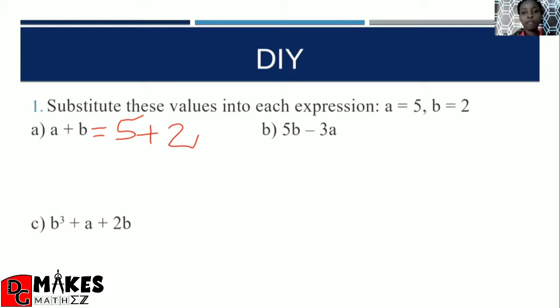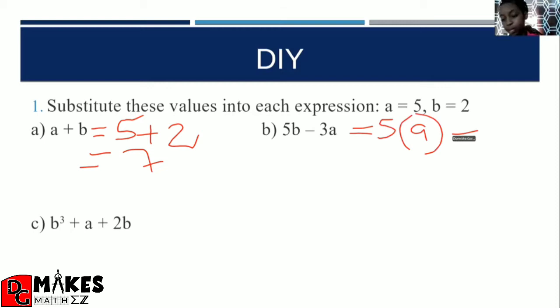We should evaluate 5b minus 3a. Okay, and we know that 5b means 5 times b, 3a means 3 times a. So 5b is going to be 5 times b, which is 2.